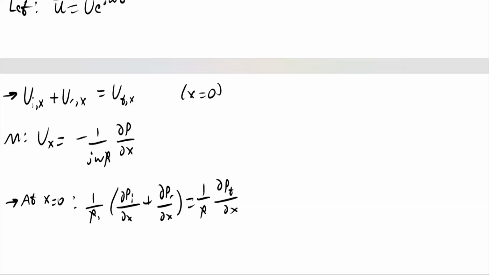So we obtain this expression here. And the negative 1 over j omega in each term cancel. But since the densities are different for fluid 1 and fluid 2, those cannot cancel.